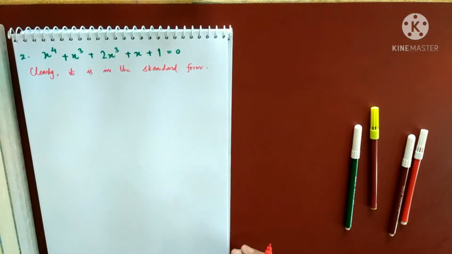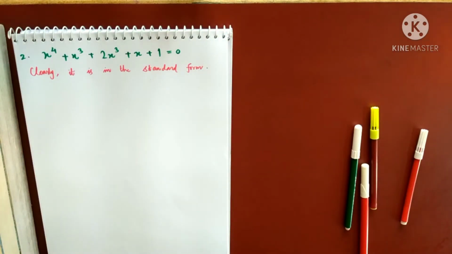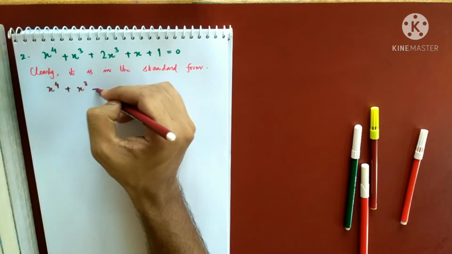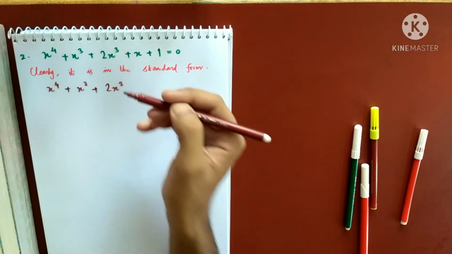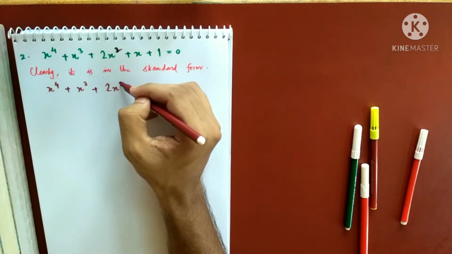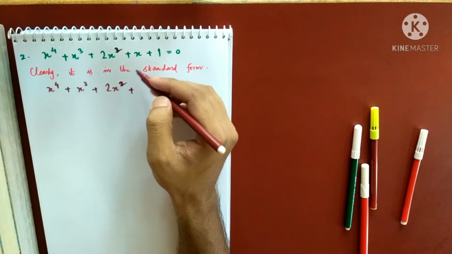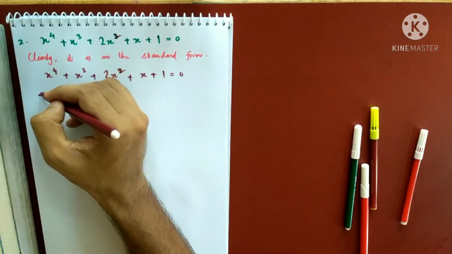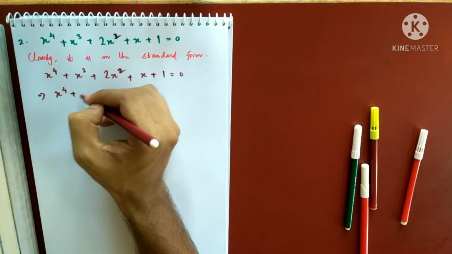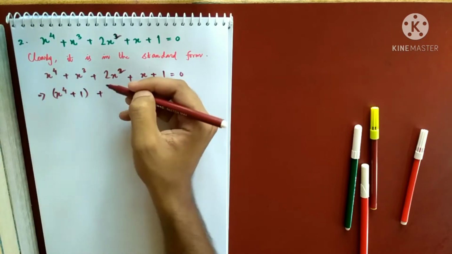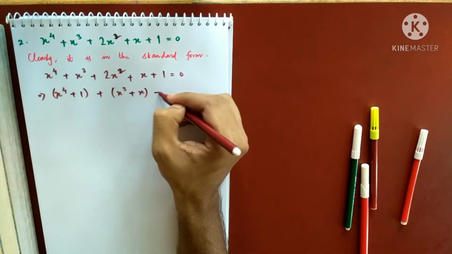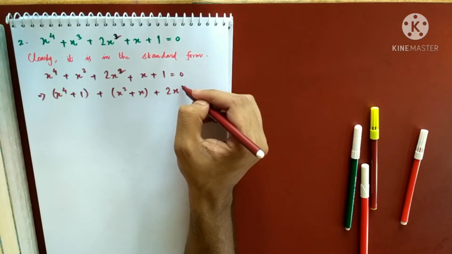Whenever it is in the standard form, what was the technique that I had used? Remember? I have x to the power 4 plus x cube plus 2x square, I mean, the earlier was wrong, plus x plus 1 equals 0. What do we do? We take the first and the last together, we take the second and the second last together, and we write it like this.